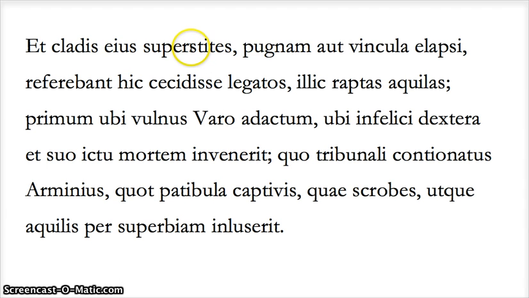And the survivors of this calamity, this disaster, this horrific military defeat, superstites, the ones left standing, pugnam aut vincula elapsi, deponent participle, having slipped away, having escaped the fight or shackles. In other words, they had been captured, enslaved, and then ransomed by Roman relatives.